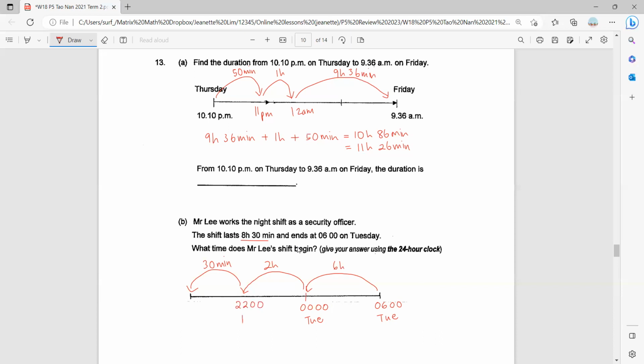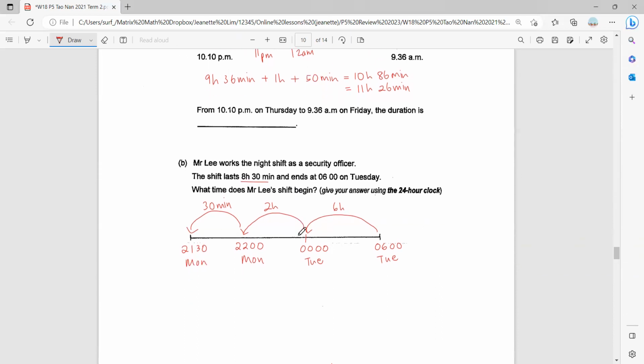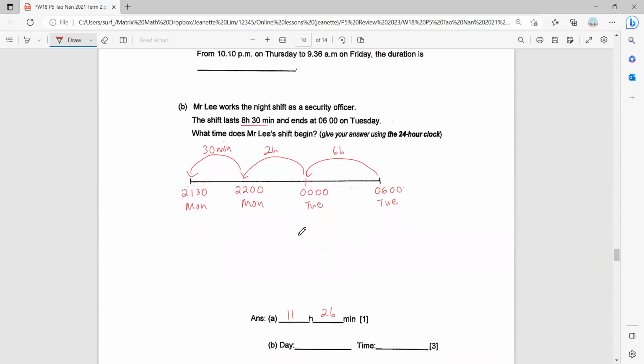The day before, Monday. This was Monday night. 30 minutes before that is 21:30 on Monday. So that's the time where he begins his shift. Monday, 21:30.